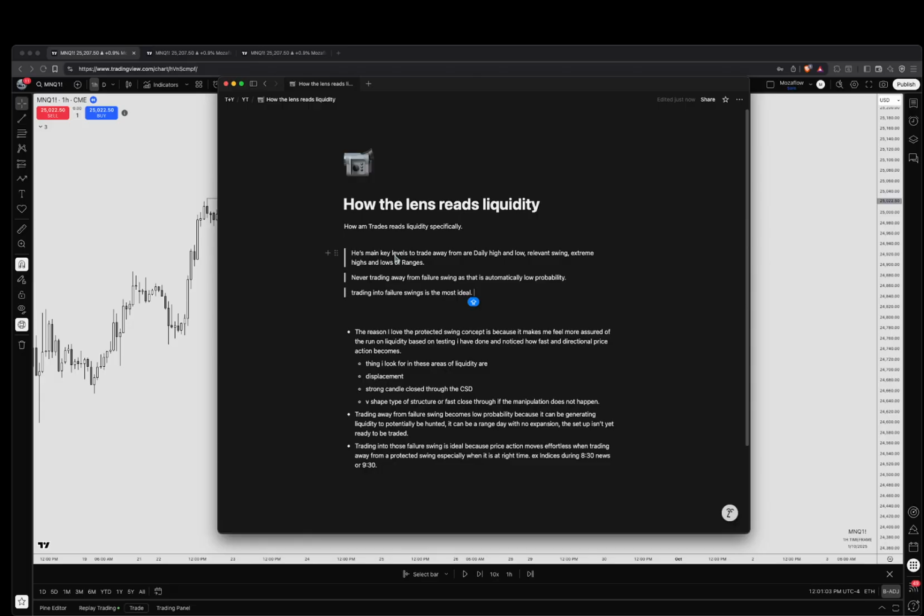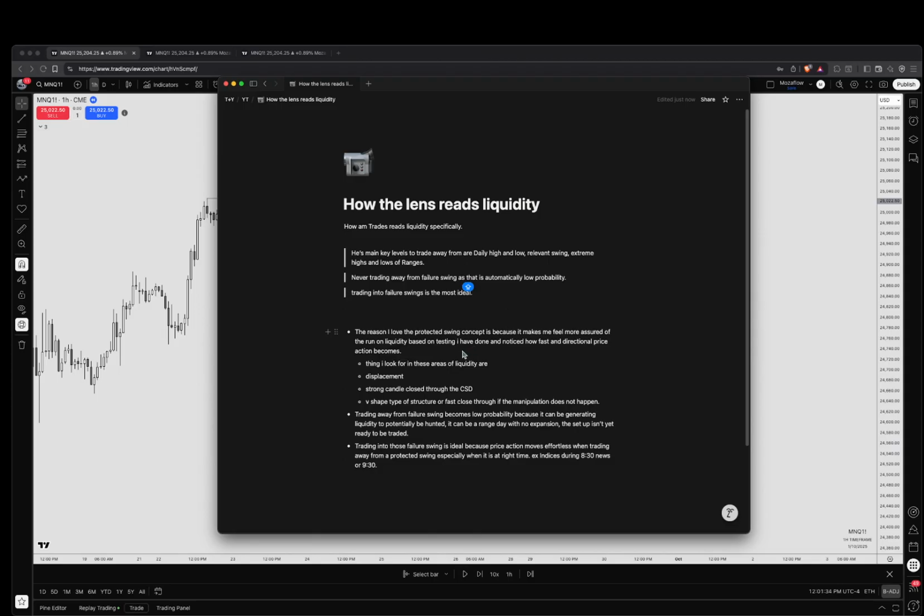So his main key levels to trade away from are daily highs and lows, relevant swing points, and extreme highs and lows of ranges. He never trades away from failure swings, as that is an automatic low probability trade. Trading into failure swings is the most ideal.